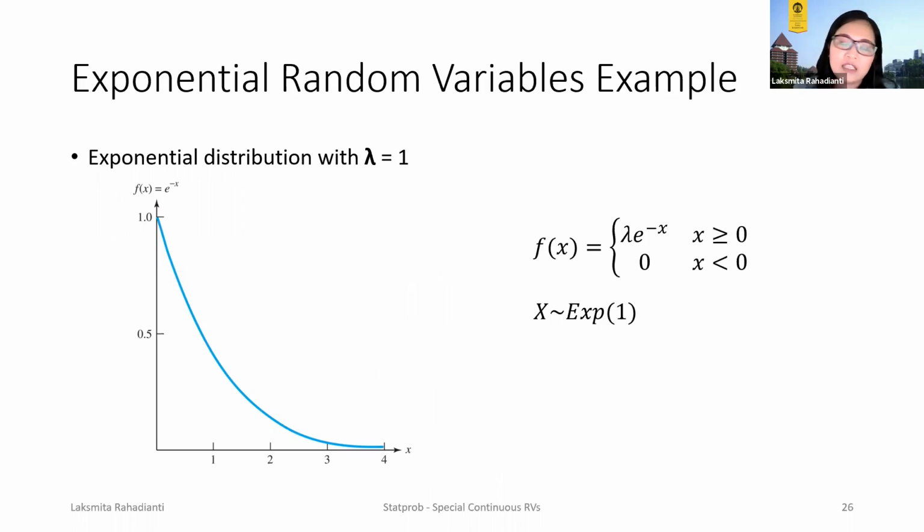In this example, you can see that my lambda is 1, and that is the shape of the distribution. In this case, my f would be lambda e... oh, apologies, the lambda should be gone from there. It should be just e to the power of negative x, and 0 otherwise. And this random variable would be exponential 1.